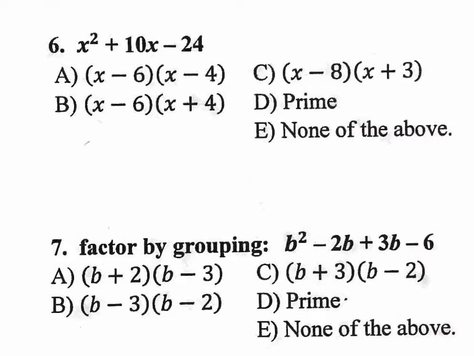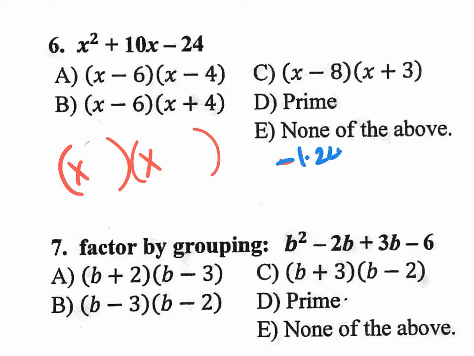Number 6. We need to think what times what is negative 24 that if I combine together is positive 10. Anybody? What times what is negative 24 that if you add together is positive 10? 12 and negative 2. Okay, that's good. 12 and negative 2. However, just for the sake of reviewing so everybody could see, let's make a list.